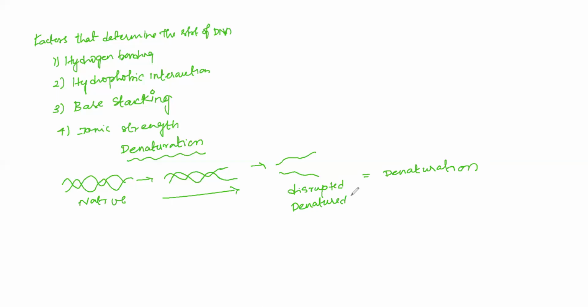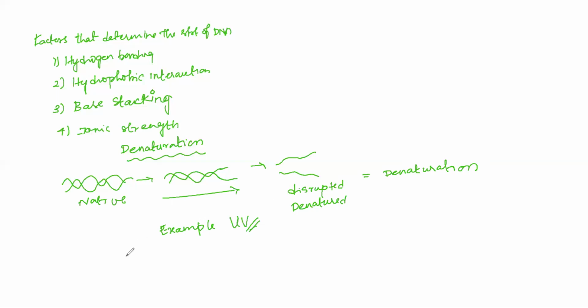As the denaturation process proceeds, changes in the properties of the molecule occur. For example, the absorption of UV light.